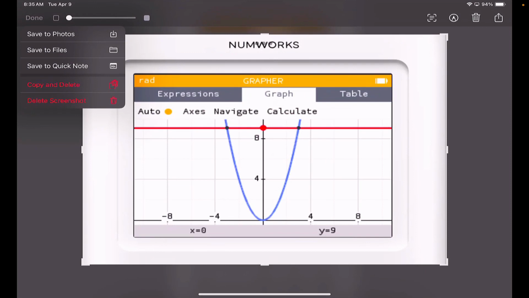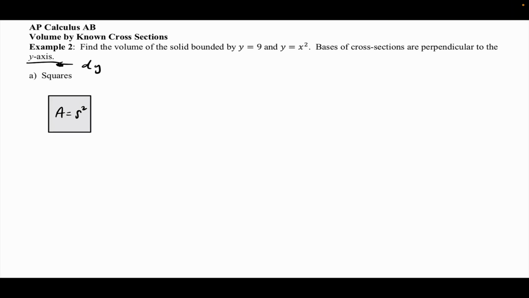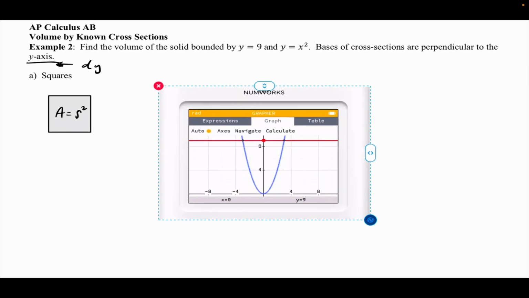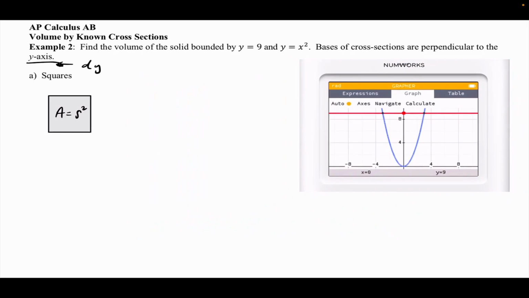Okay, so this is what we're looking at here. This is the part of the graph, of both graphs, that we want. So the bounded part, the part that's inside, it looks like the red is the top, and then the blue is the bottom, right? And this is the x-axis down here.